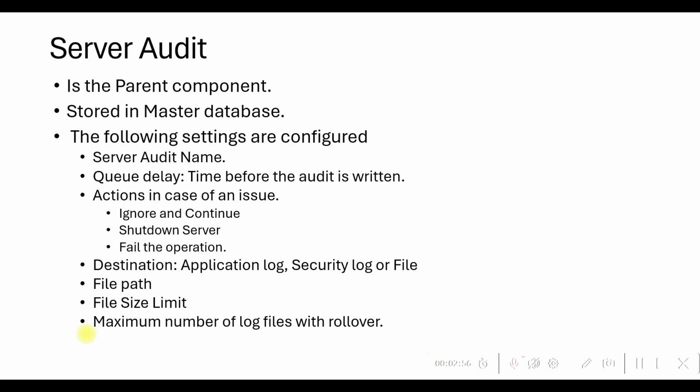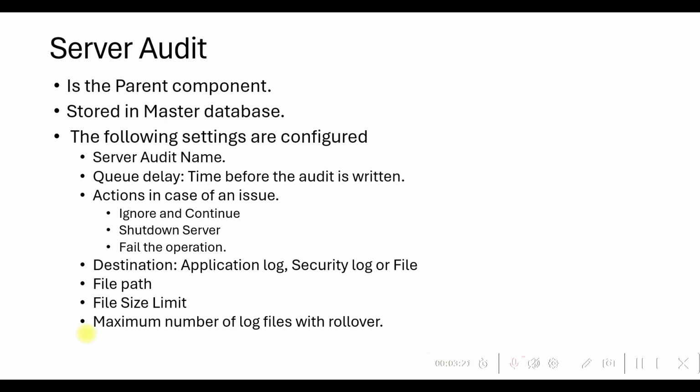That time is taken in milliseconds, and if you specify 0, the file will be written instantaneously, but there will be a performance hit on your server. So you need to be careful what values you use. The default is 1000 milliseconds. You could use that, or if you want, you can increase it.